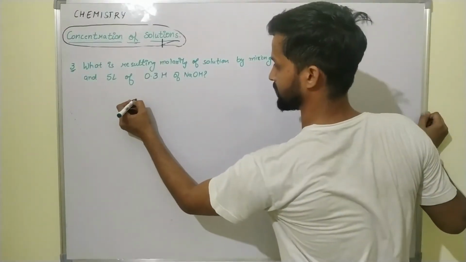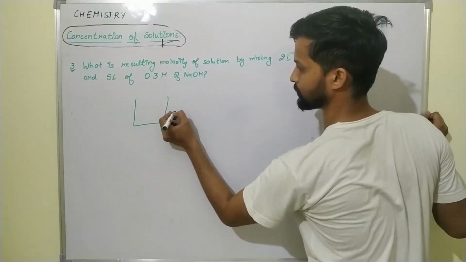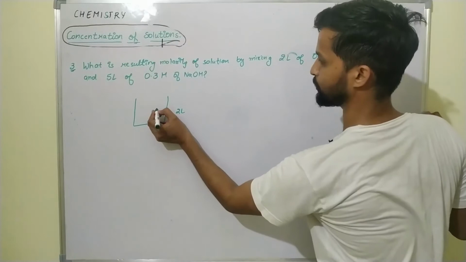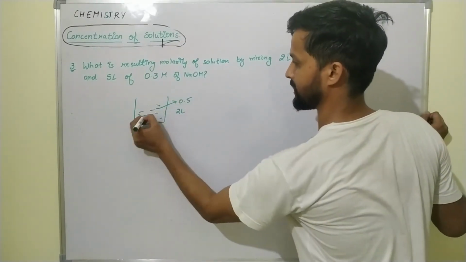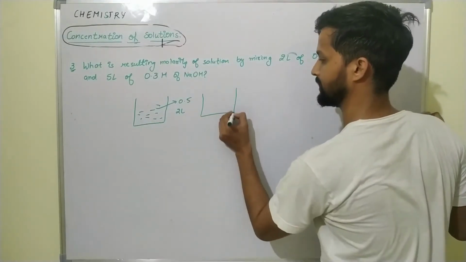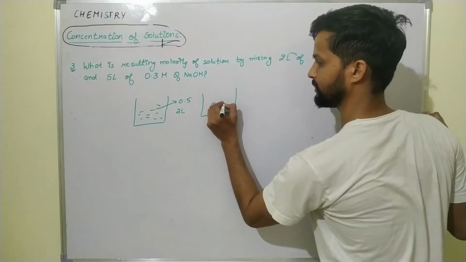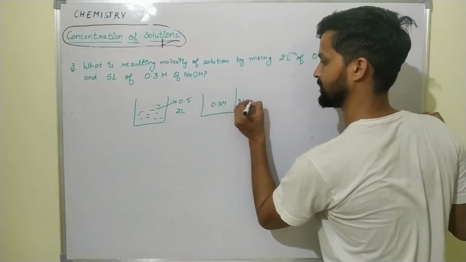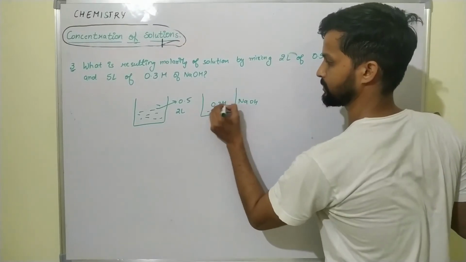Means here in a beaker there is a solution which is 2 liter, but here the molarity is 0.5, and in another beaker there is given 0.3 molar sodium hydroxide, which is 5 liter, clear.